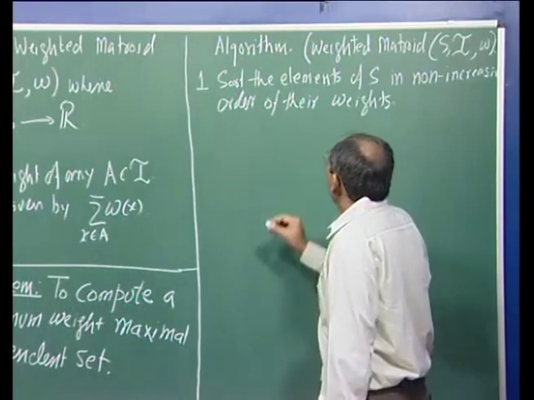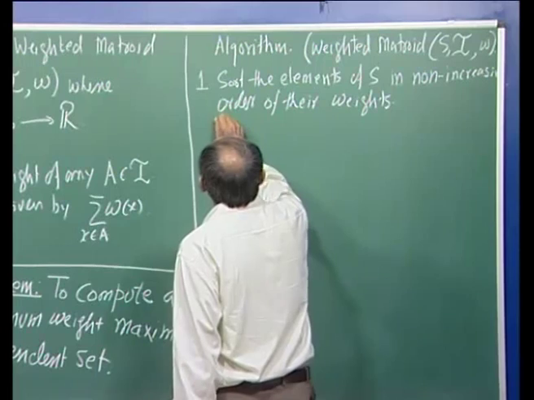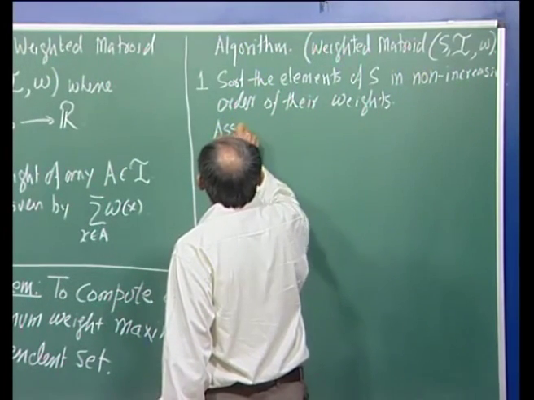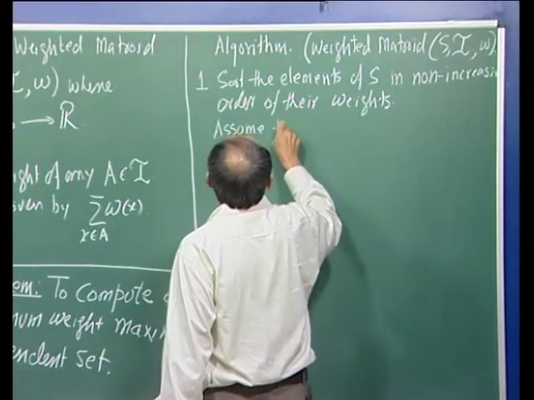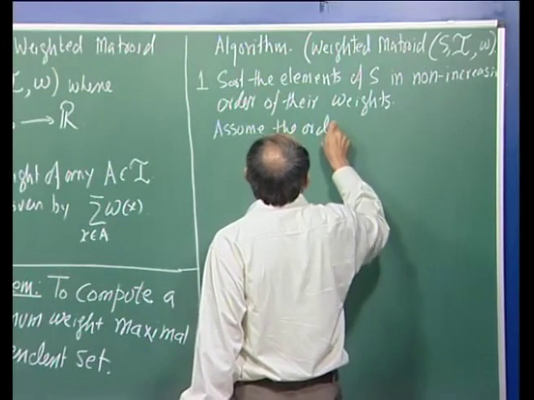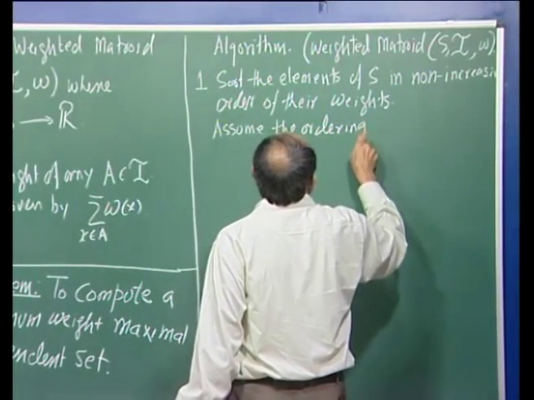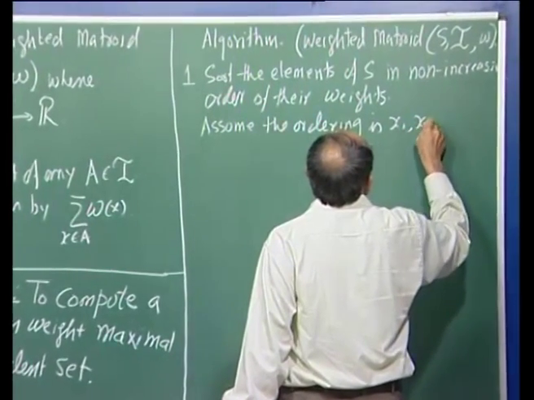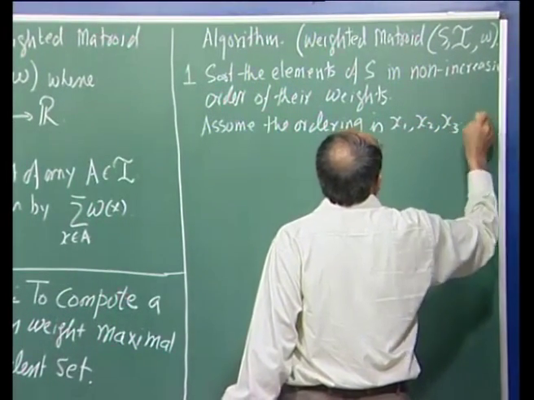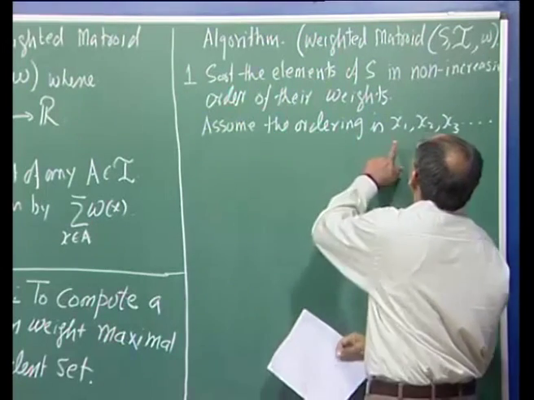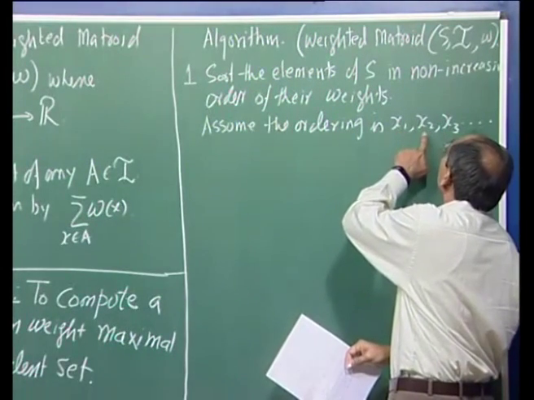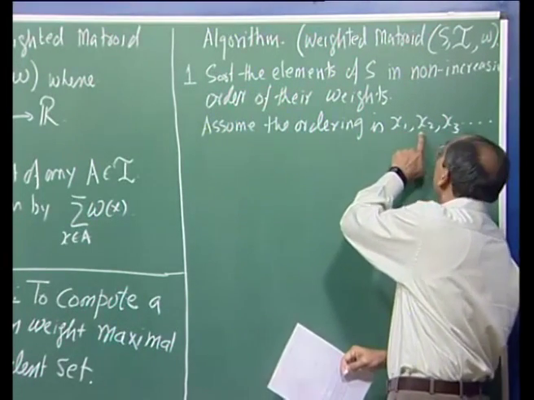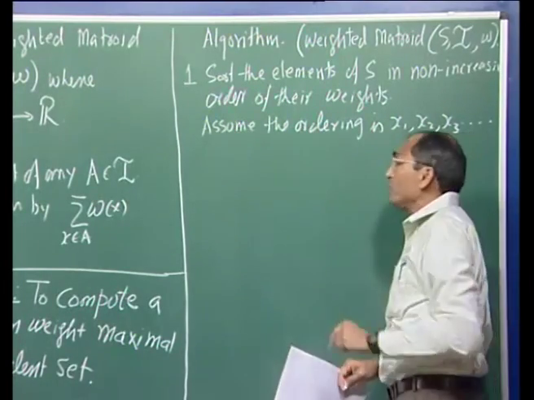For convenience, I will assume that the ordering is x1, x2, x3, where the weight of x1 is greater than or equal to weight of x2, weight of x2 is greater than or equal to weight of x3, and so on.